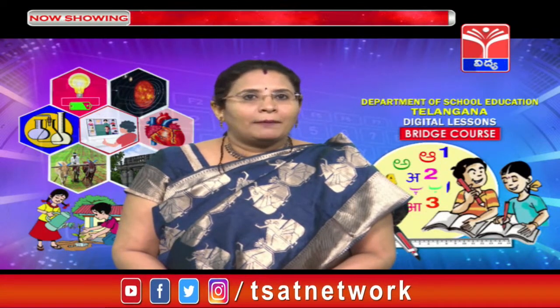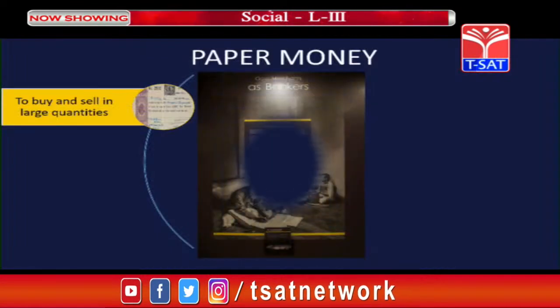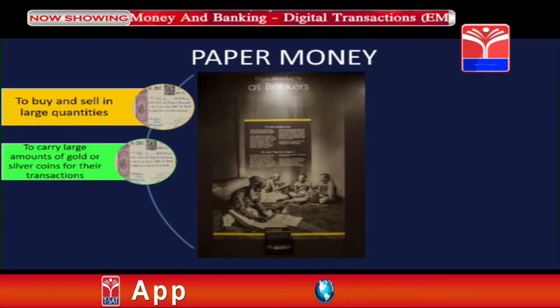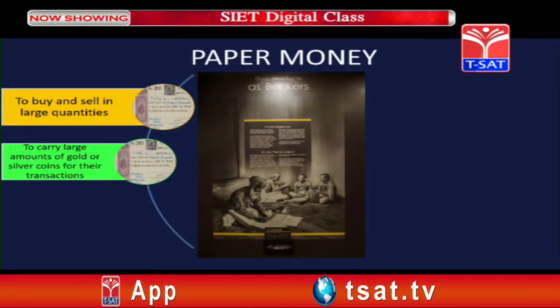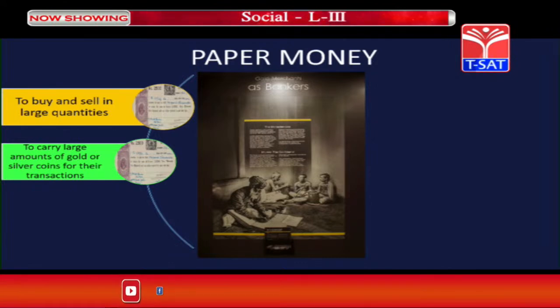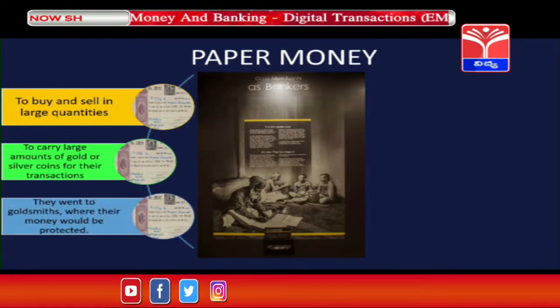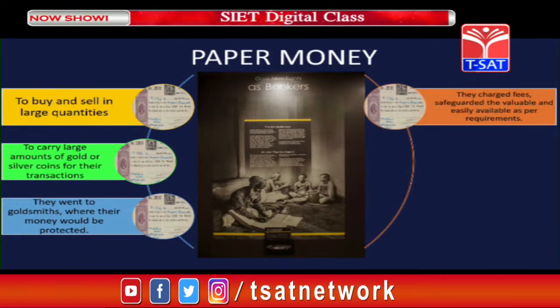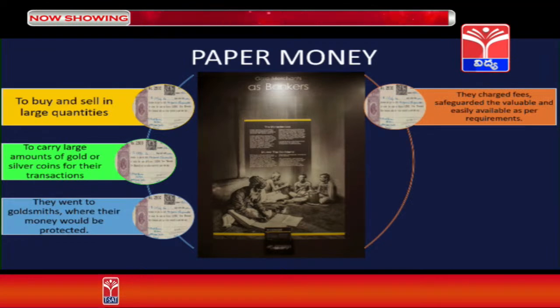Now, let me tell you about the paper money. People who had to buy and sell in large quantities had to carry large amounts of gold or silver coins for their transactions. So, they started looking for safe places to keep them. They went to goldsmiths for their money because it would be protected by them.